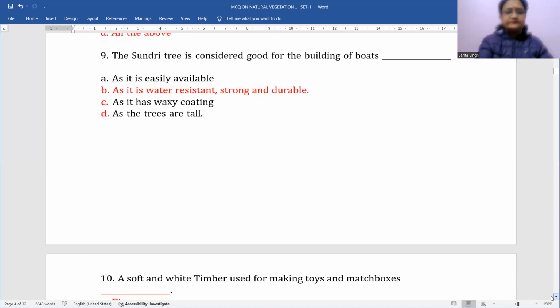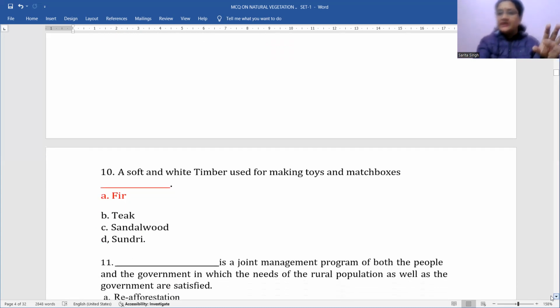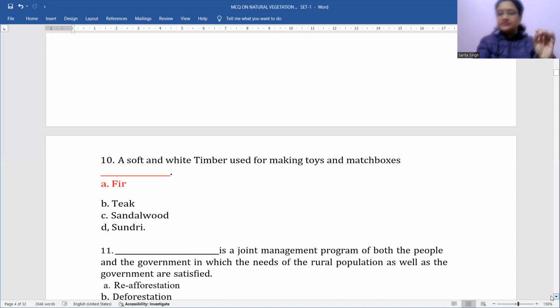A big reason for this is that it is water resistant. Yes, that is a very important point. Strong and durable, especially in water also. Because generally what we see, children, is that when we keep wood constantly in water, it cannot last for a long time, right? And the wood of the sundari tree, or generally the wood of the trees of tidal forests, is used to make boats. The big reason is that this wood can survive in water for a long time. Okay, right? And that's why boats are made of this wood.